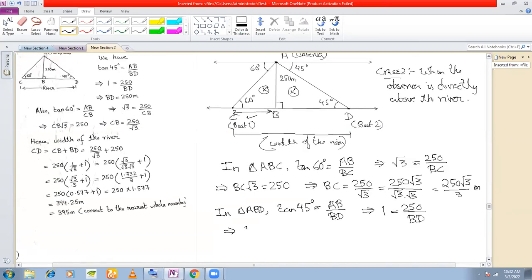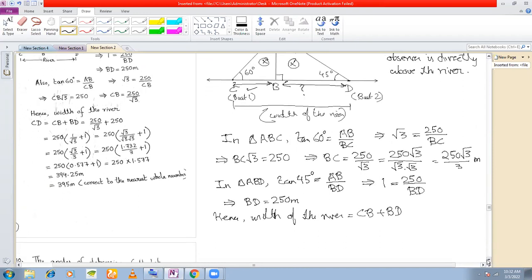That means BD you get as 250 meters, right? So you have found out this length also, BD. So what should be the width of the river? It should be the addition of CB and BD. Hence, width of the river is equal to CB plus BD.